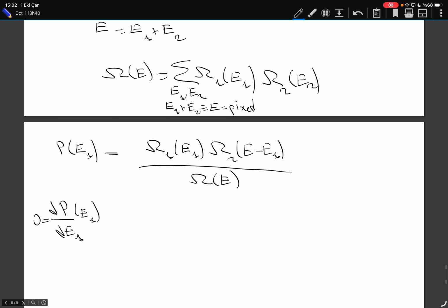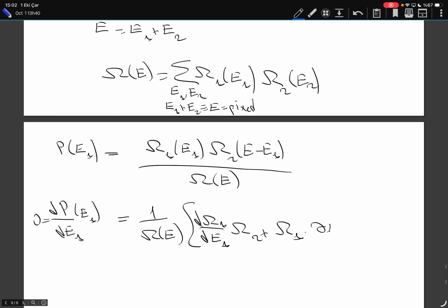Well, this is equal to 1 over omega E, times the derivative of omega 1 with respect to E1 times omega 2, plus omega 1 times the derivative of omega 2 with respect to E2 times minus 1.